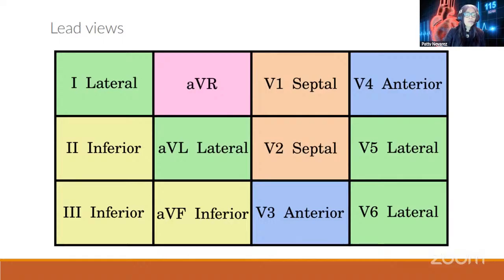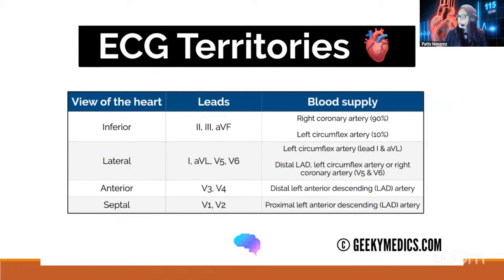Why is this important? Because when we receive patients with a STEMI, we can more or less see what is happening. We can have an idea of how we need to act. So on the next image, from geekymedics.com, they provided a summary of everything that we've been talking about.